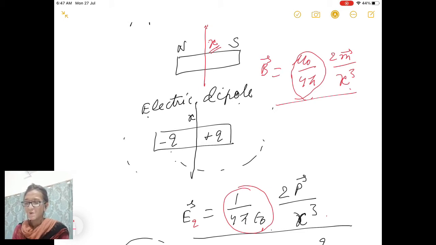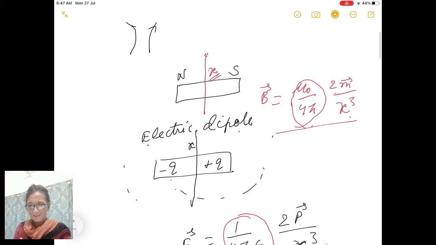Here you have 2 into electric dipole moment, and in this case you have 2 into magnetic dipole moment. But it is not the basic source. Here a single pole is not the elementary source producing any magnetic field. Here you have a dipole which is producing the field, which is the elementary source of a magnetic field.